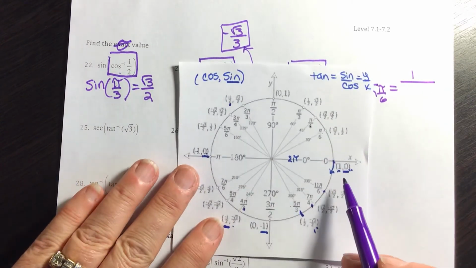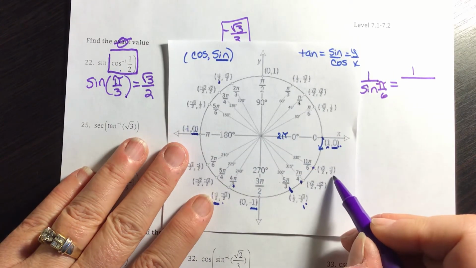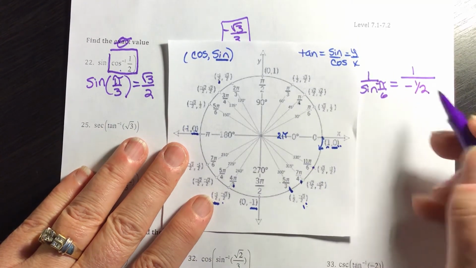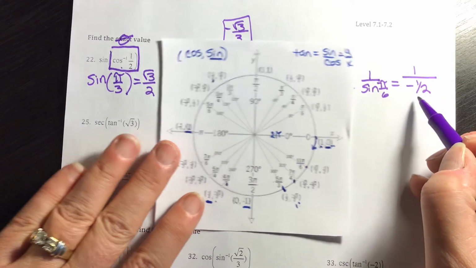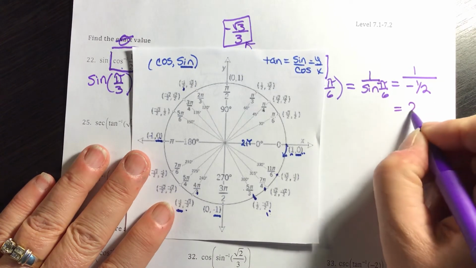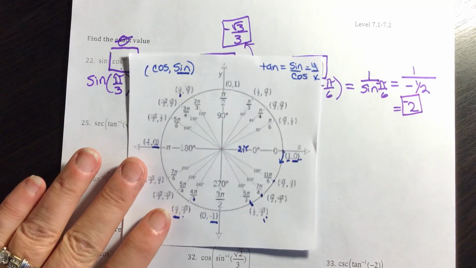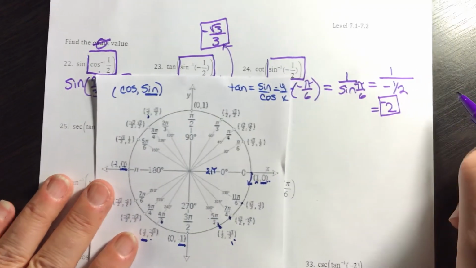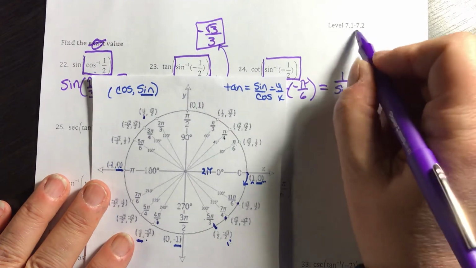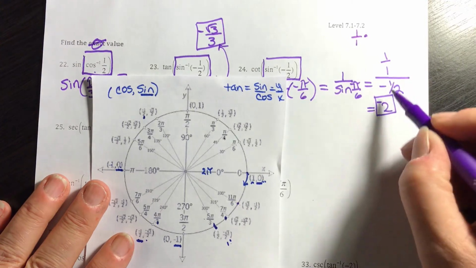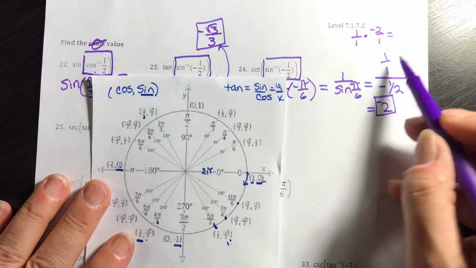If I go to negative pi over 6 and I look at the sine, it's negative 1/2. And basically 1 over a fraction, you're just doing the reciprocal, so this would be negative 2. If you're not confident on that, the top number is 1, so you could do 1 over 1 multiplied by the reciprocal, which is negative 2 over 1, and that's still negative 2.